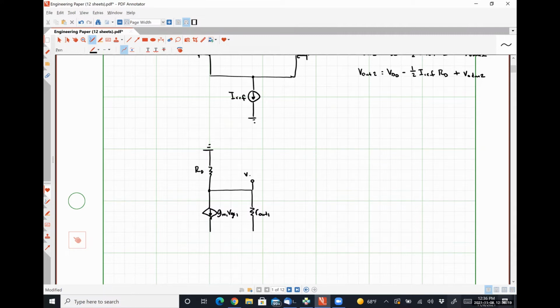Here's our small signal voltage, VOD1. Here's our input. And this would then be VGS1, which makes this gate, this drain, this source of transistor 1. And on the right-hand side, we're going to have effectively the exact same thing, but mirrored.